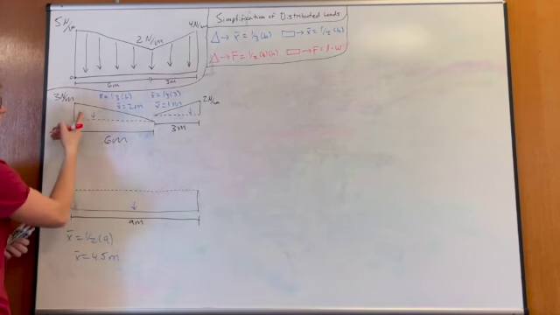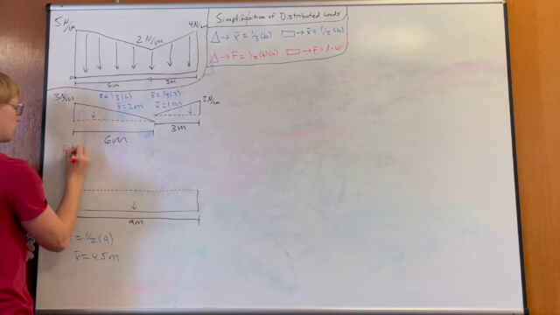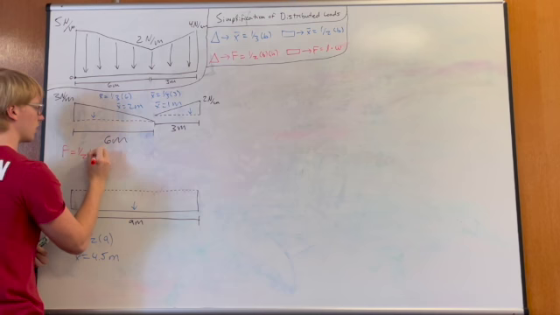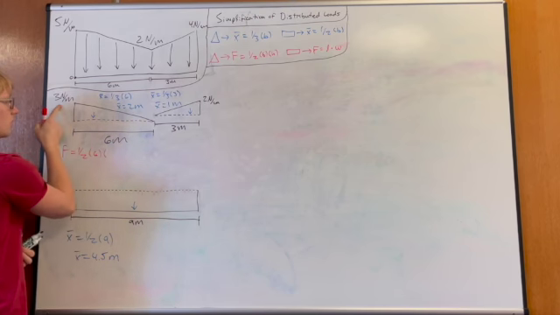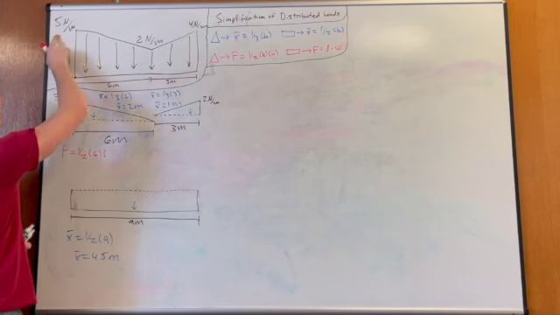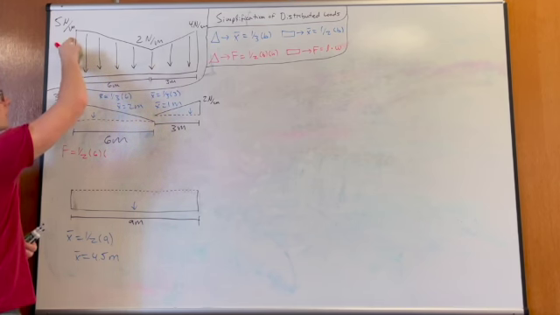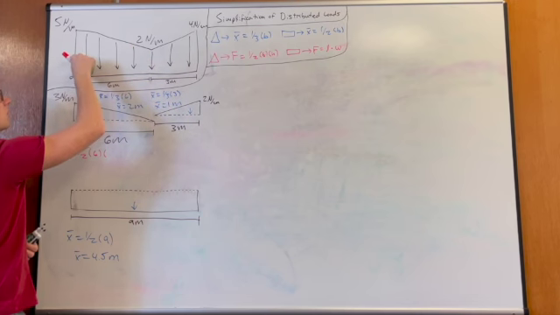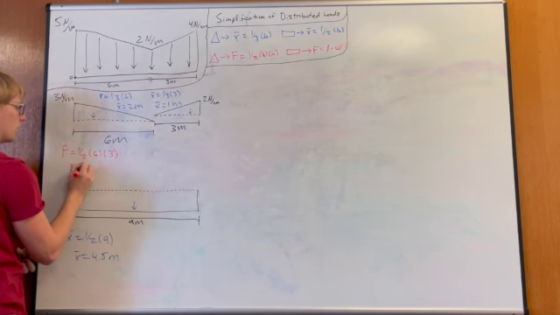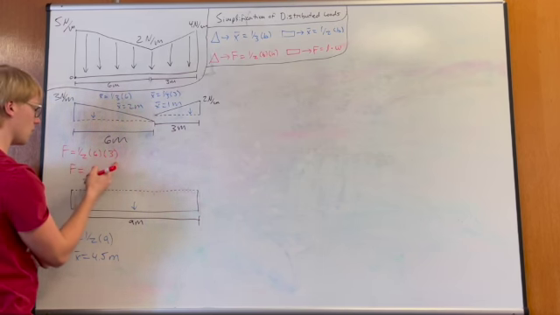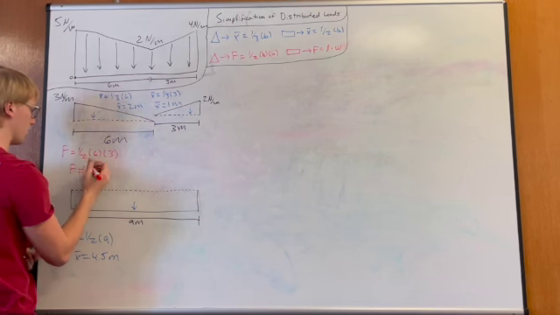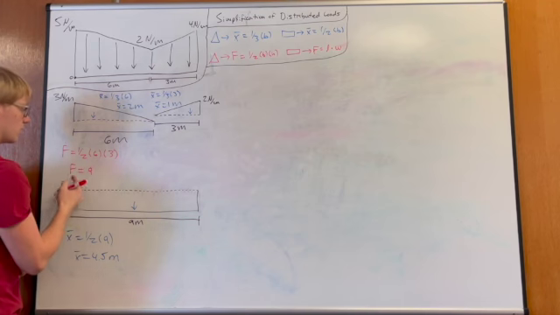So for this triangle, our force would be half base, which is 6, times 3, which is our height of this triangle. Our height of the triangle is going to be 5, that total, minus this part, which is 3. So the force is 4.5. No, 18 divided by 2 is 9. Force is 9.